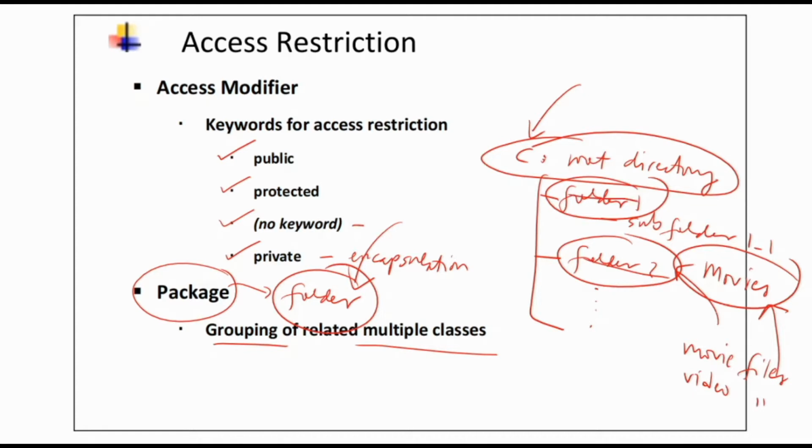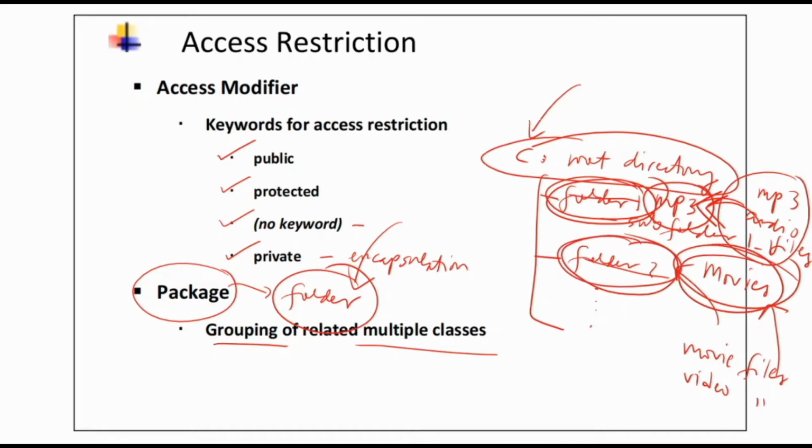And say this folder 1 here is named as MP3 because you're going to store in this folder all the MP3 or the audio files. So we use a folder to hold or to store related files. Like all of this inside the MP3 folder are MP3 or audio files, and all the files inside the folder movies are movie files or video files.